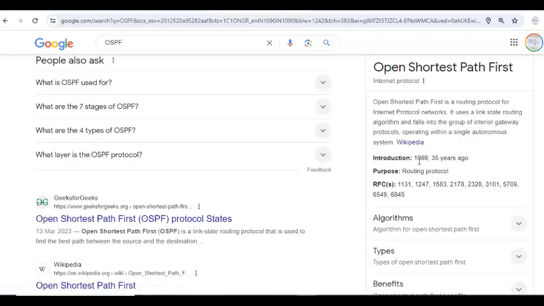In 1989, 10 years after I was born, this protocol was gaining popularity. And now it is still very popular. There is no other alternative for OSPF.